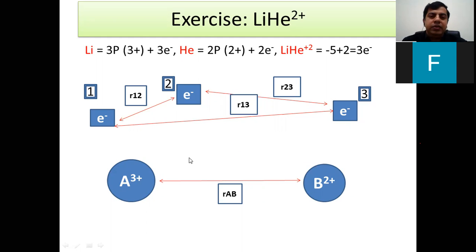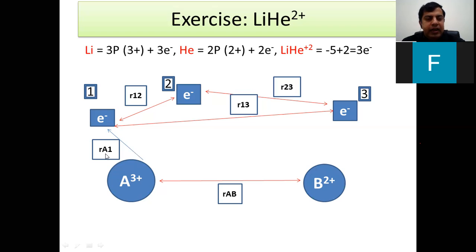Now I am moving to the attractive forces. Attractive forces mean this nucleus is going to interact with these three electrons, and is going to attract them. So let's start with the first one. This is the attraction between A, 3 positive, and electron 1, and the distance between these two is R, A and 1.